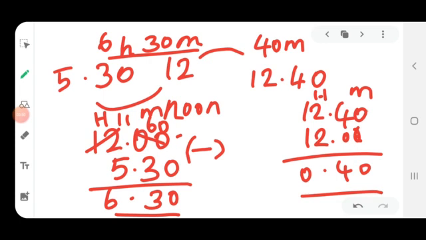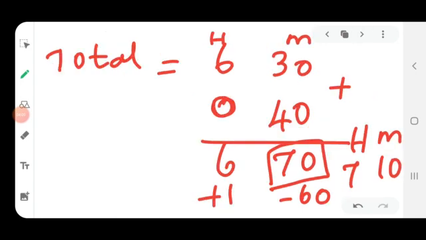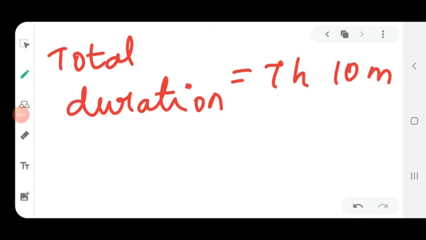Next, 12 to 12:40, subtracting 12 from 12:40, we get 40 minutes. Next, the total duration will be the addition of both values, 6 hours 30 minutes plus 40 minutes. If the minutes are more than 60, we subtract 60 and add 1 to the hour. So we get 7 hours 10 minutes. That will be the total duration.